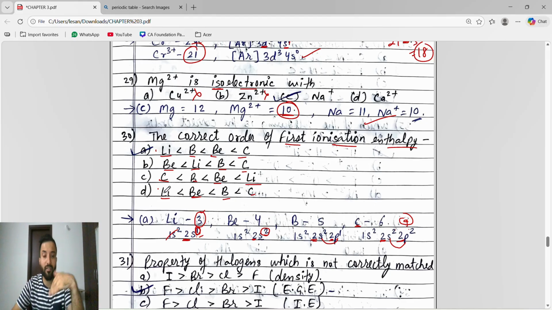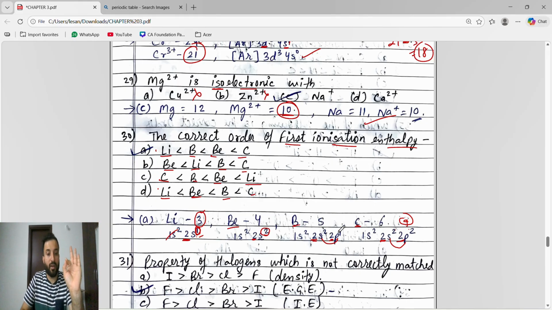Now next we have to see which of beryllium and boron is easiest to remove. Very important: in beryllium we have 1s2 2s2, in boron we have 1s2 2s2 2p1.